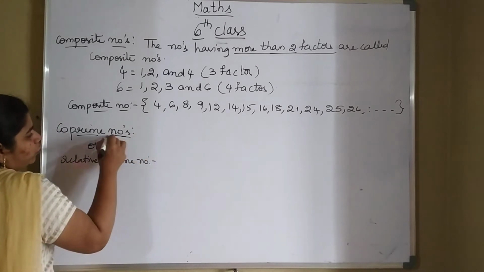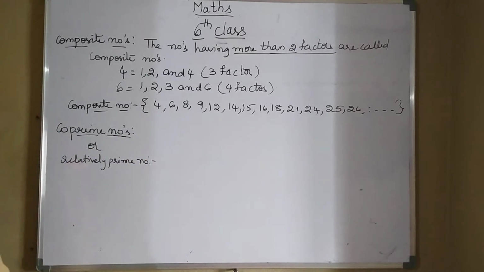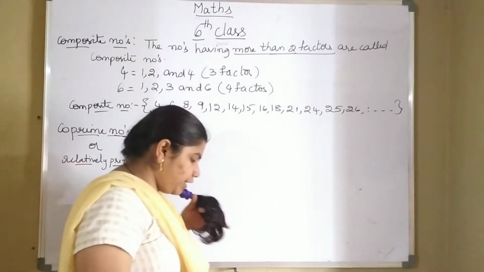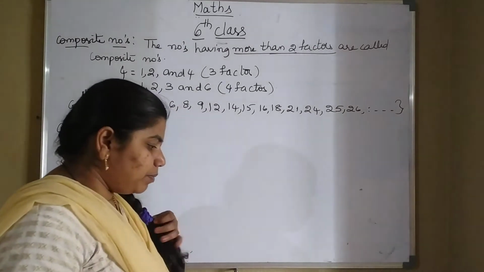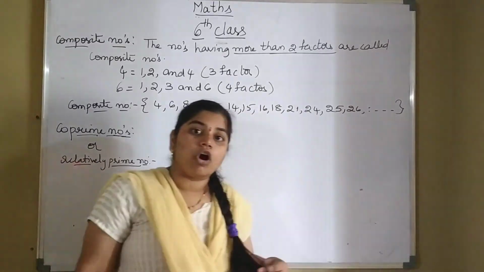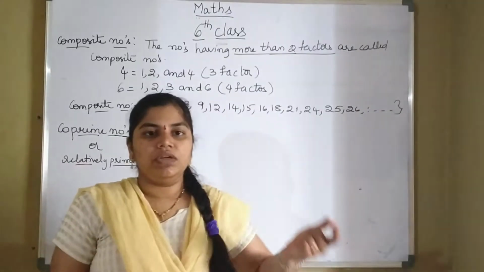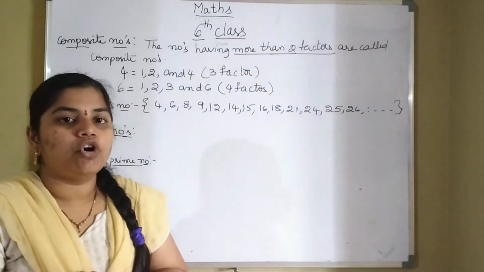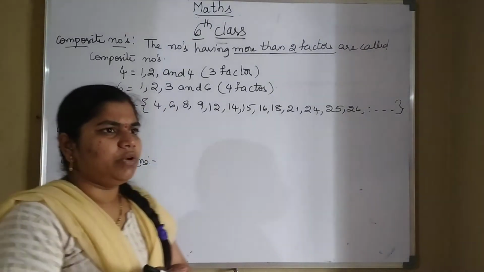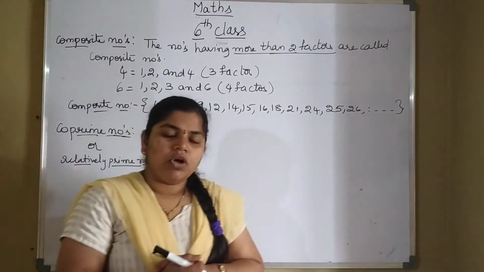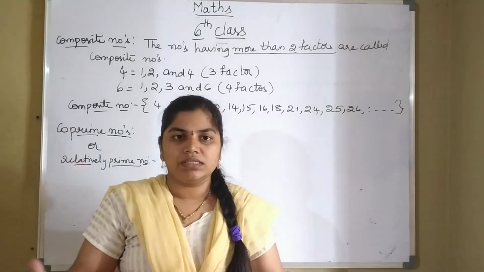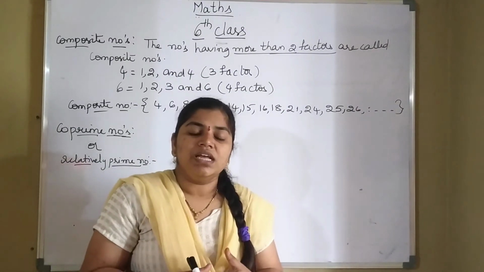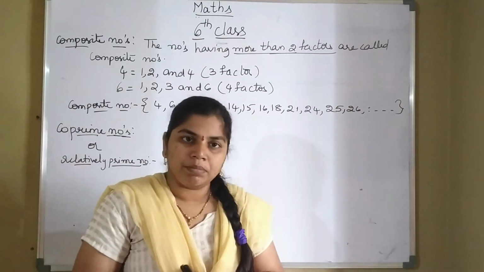Okay. So what are co-prime numbers? Co-prime numbers can also be called relatively prime numbers. So which numbers are called relatively prime numbers? We will see. The numbers which have only 1 as a common factor. If it is having only 1 as a common factor, those numbers we will call co-prime numbers. Or simply you can say, if you do the HCF, you should get the HCF value as 1. So if the HCF value is 1, directly we can say that the given numbers are co-prime numbers.